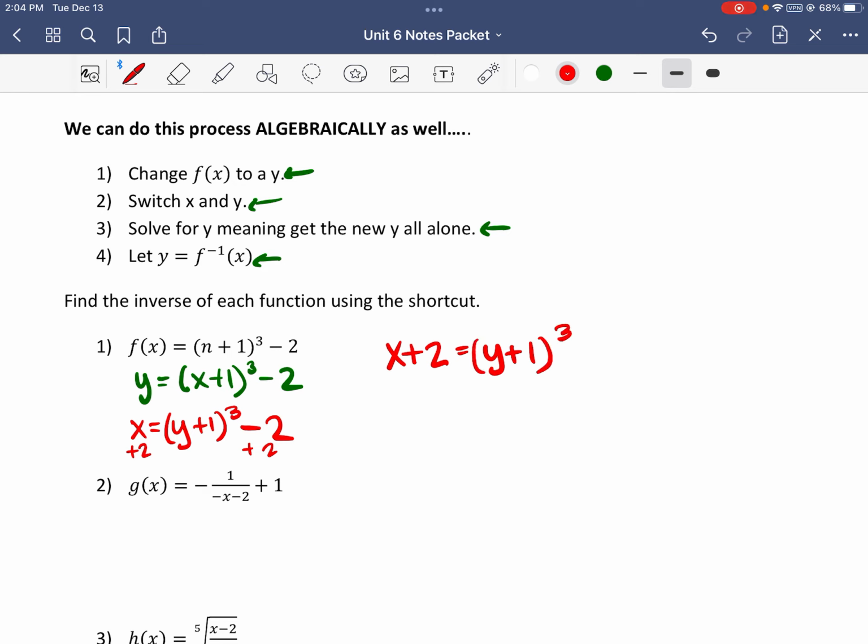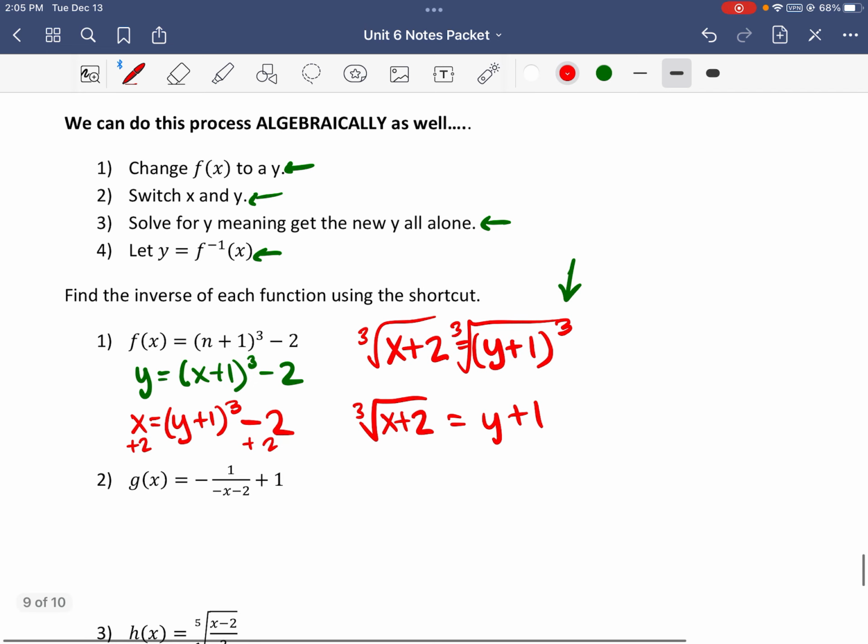Okay, what is the opposite operation of putting something to the third power? It's taking the cubed root. Okay, so now we're going to have the cubed root of x plus 2 equals y plus 1. Now we have one more step to get y by itself. We're going to subtract 1.